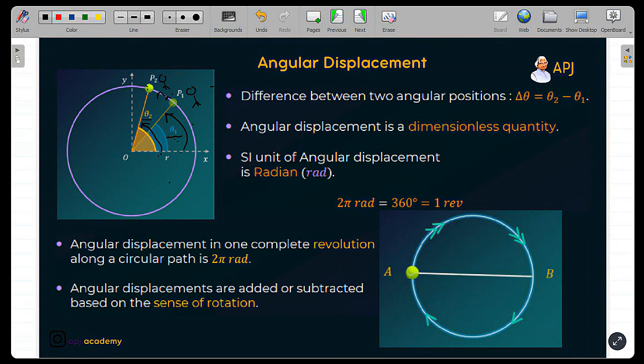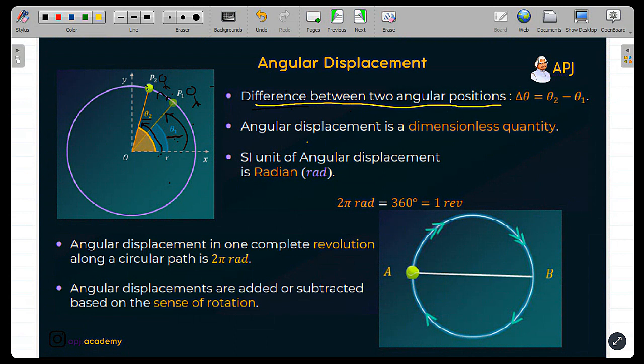Now displacement, how will you define displacement? Displacement is simply defined as the difference between two angular positions. Let me highlight this. And the difference is in the form of angles, because angular position is in the form of angles.